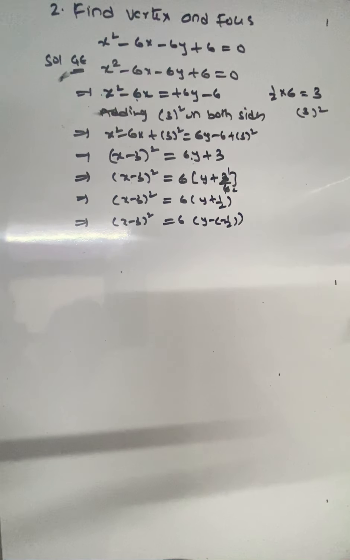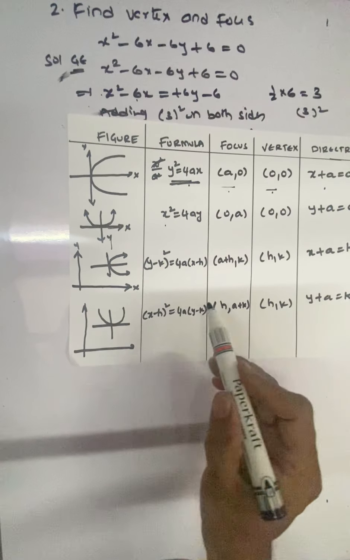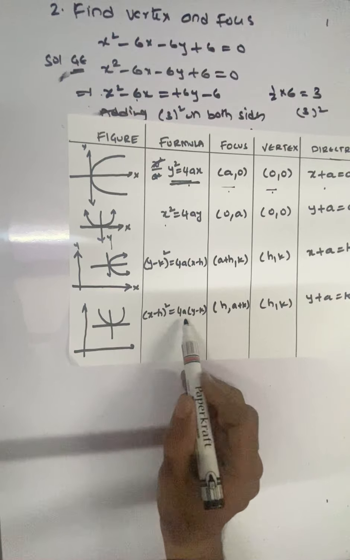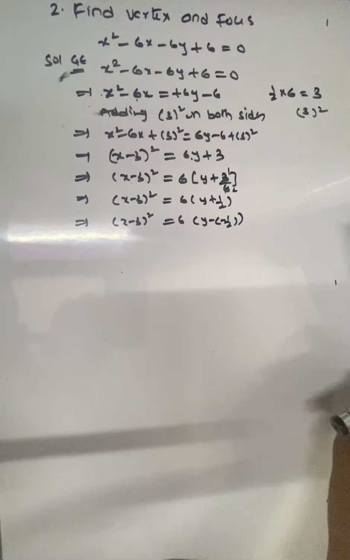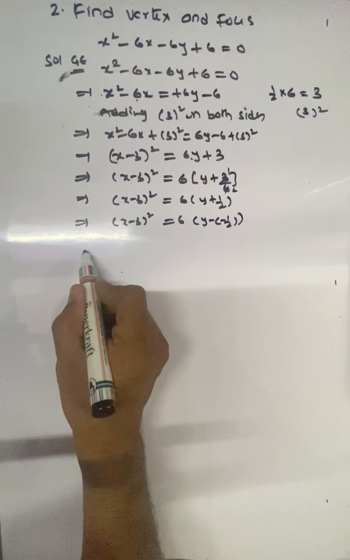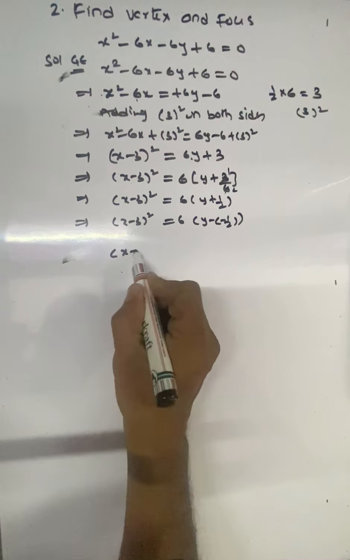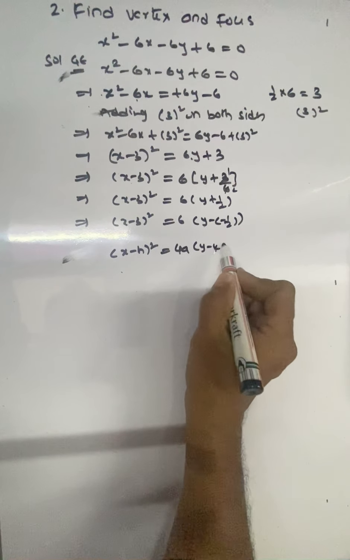When we find the x square term, we have to check the formula sheet, or you have to remember the formula. X is having square, so x minus h whole square equals 4a into y minus k. So this is the x minus h whole square equals 4a into y minus k form.